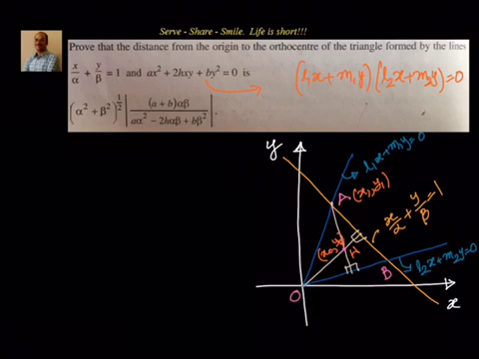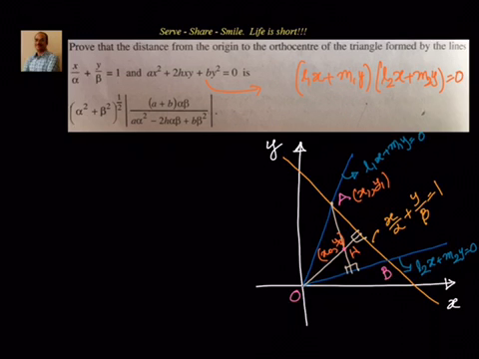So let's recap what we have done so that we can understand what to do now. We have to prove that the distance from the origin to the orthocenter of the triangle formed by the lines x/alpha + y/beta = 1 and ax² + 2hxy + by² = 0 is that. The first thing is, we know x/alpha + y/beta = 1 is this line. Now we have split ax² + 2hxy + by² = 0 into two lines: L1x + M1y = 0 and L2x + M2y = 0.